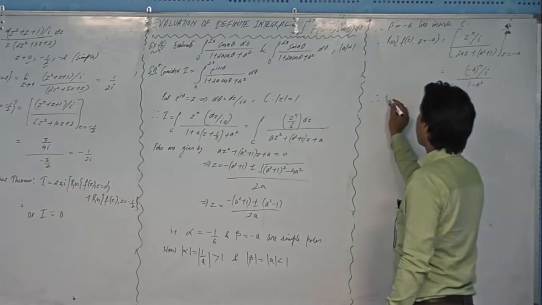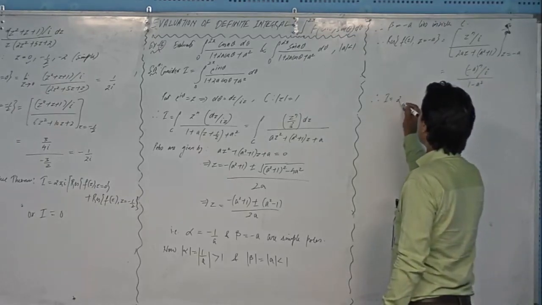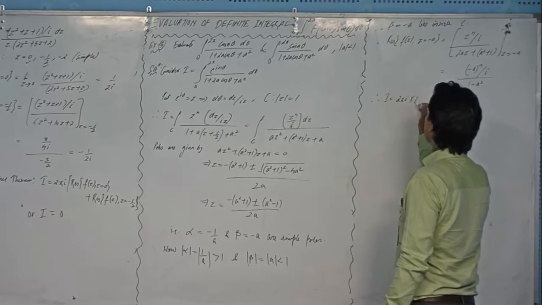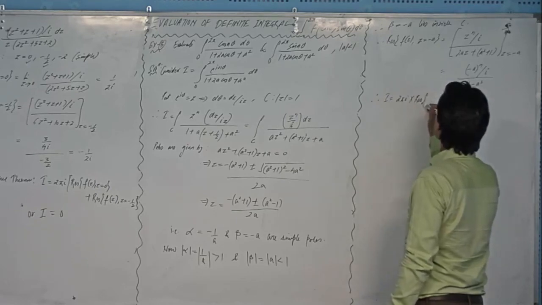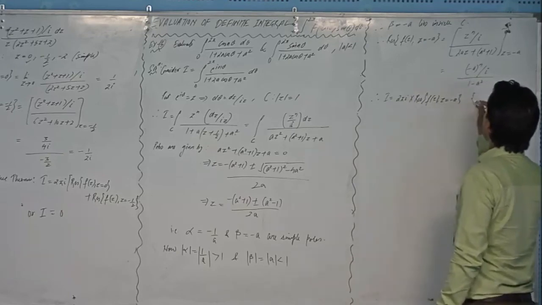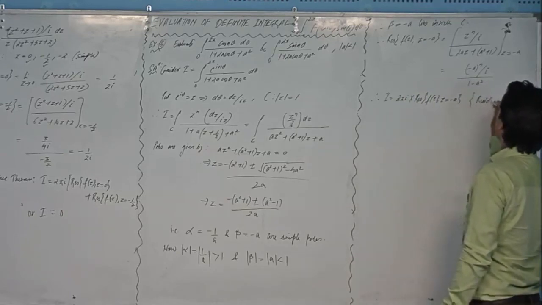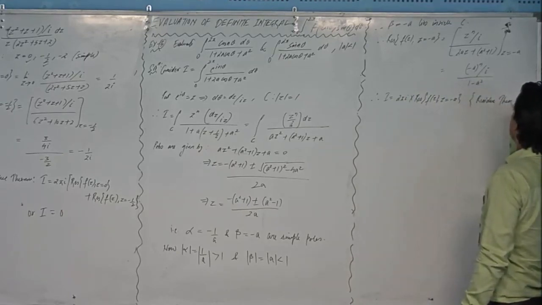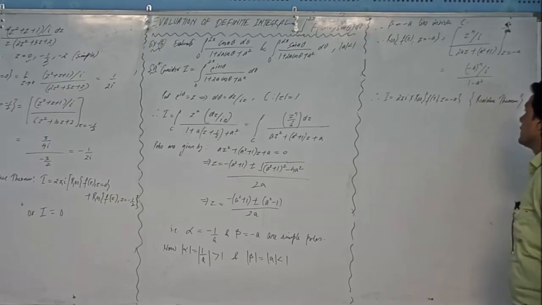Therefore the value of the integral is equal to 2 pi iota multiplied by the summation of residues, and since there is only one residue, at z equal to minus a, by the residue theorem, right?